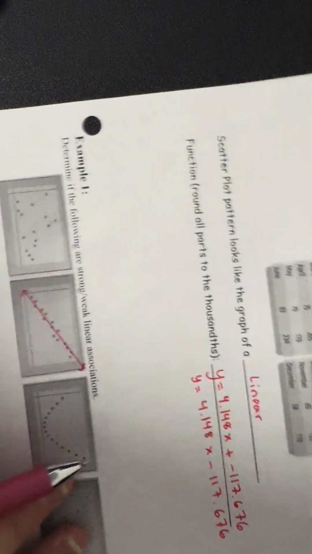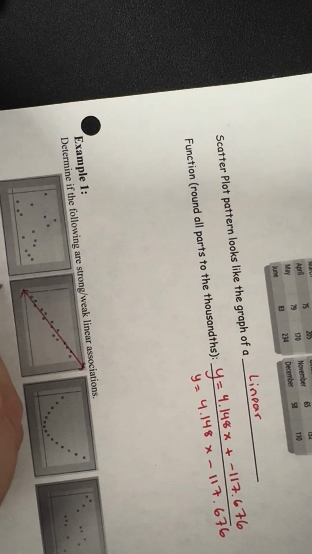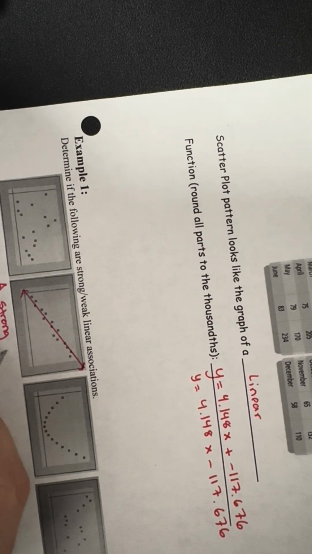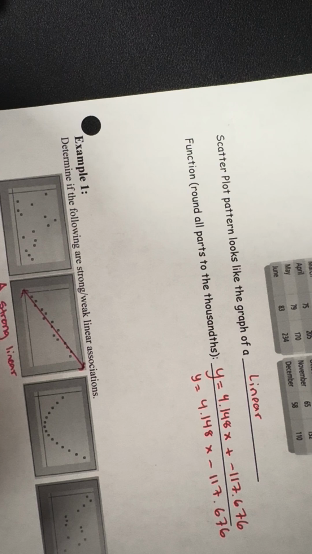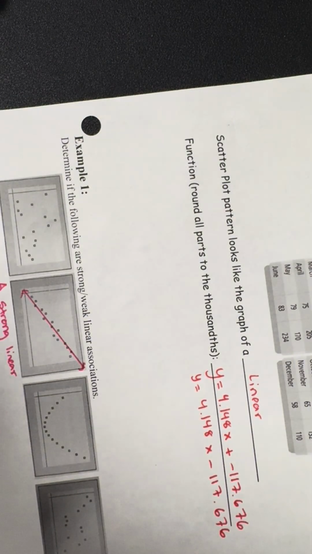So this one right here is a strong linear, I should put positive, strong linear positive association.